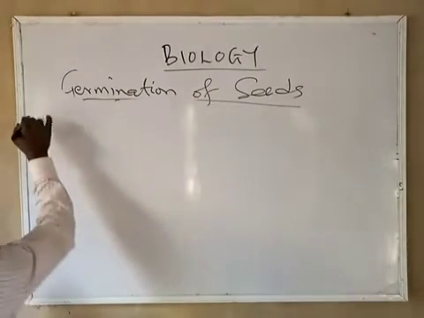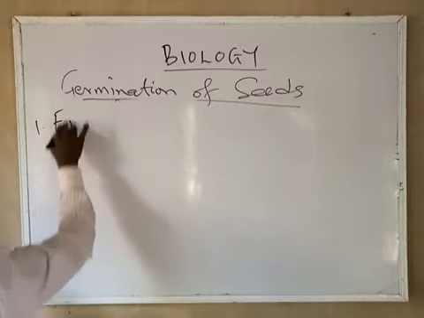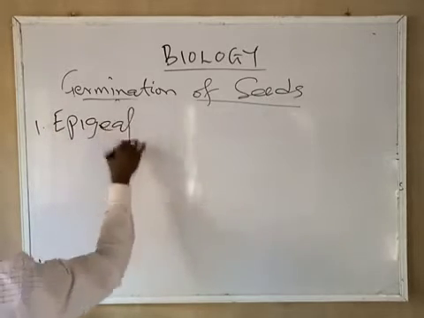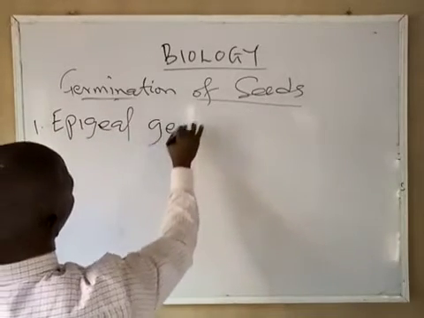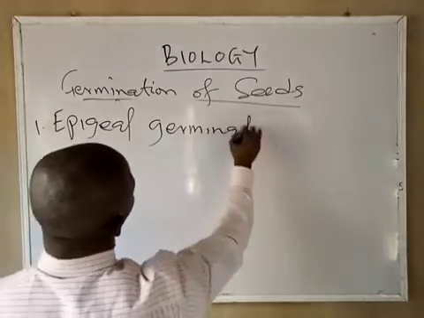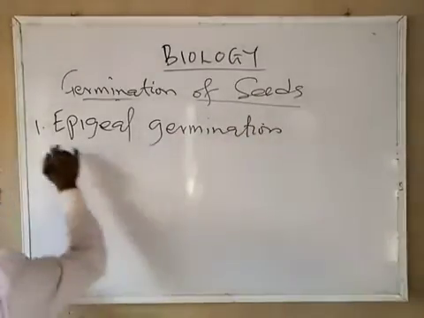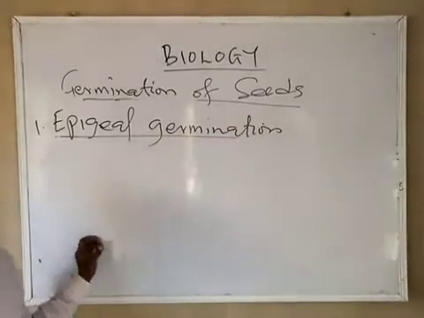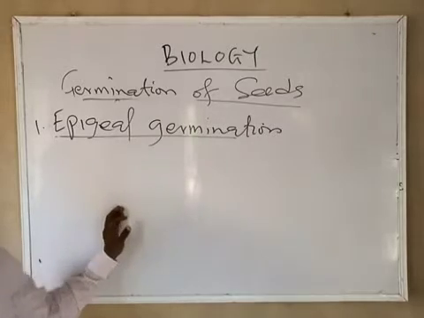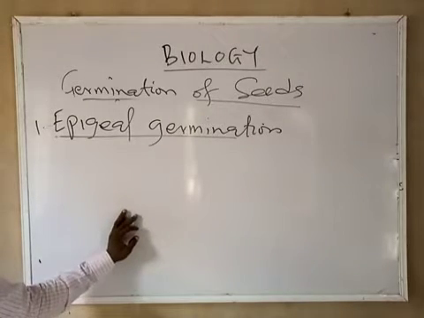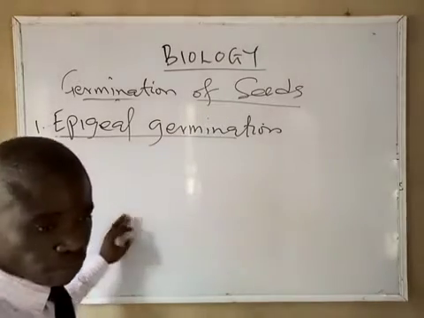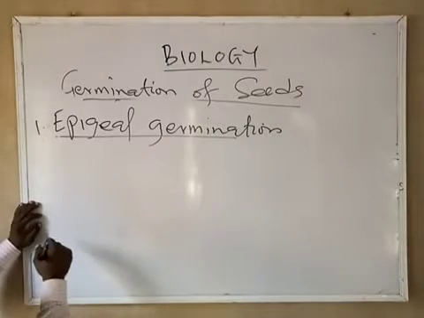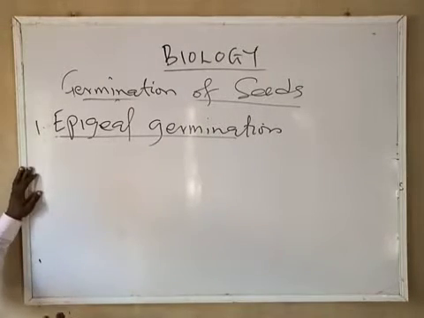One, the epigynous germination. Hypogyl germination is common to most dicotyledonous seeds. Okay, dicotyledonous seeds.